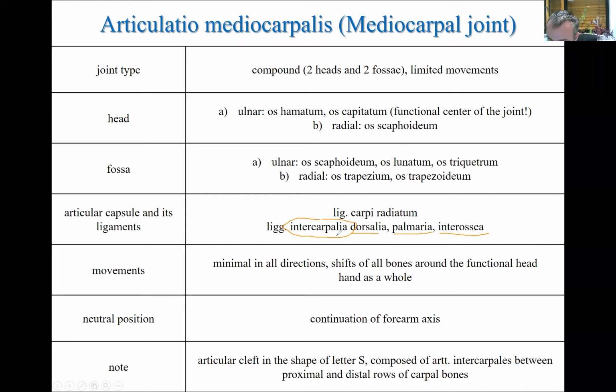And on the ventral surface, from the head of the capitate, which is the functional center of the joint, runs the radiate carpal ligament, which is composed of small ligaments. They all have names, but their knowledge is not necessary for the students of medicine. It is just for specialized surgeons of the hand.